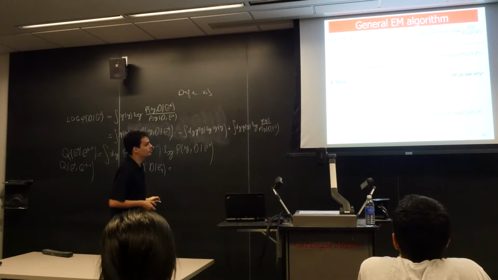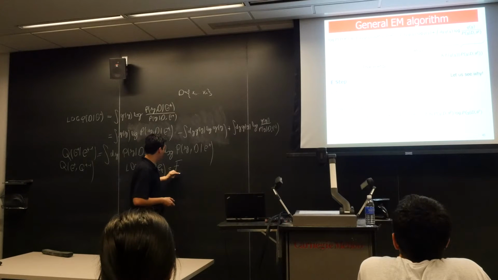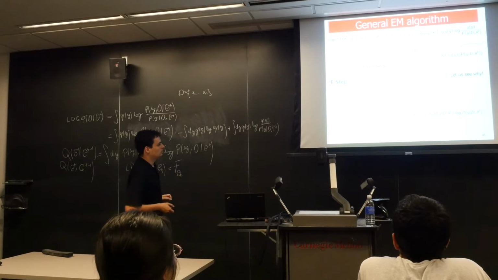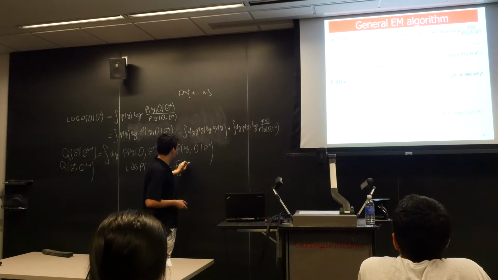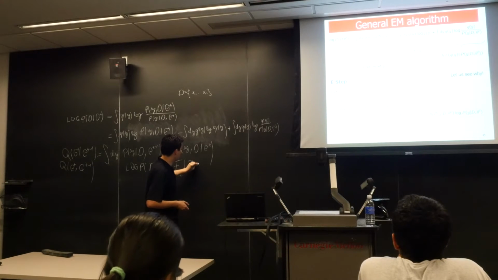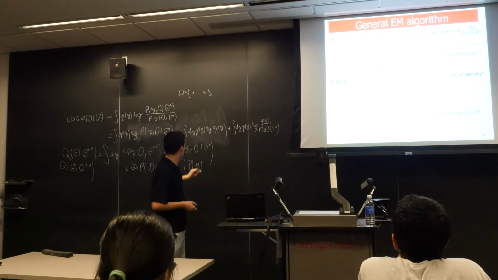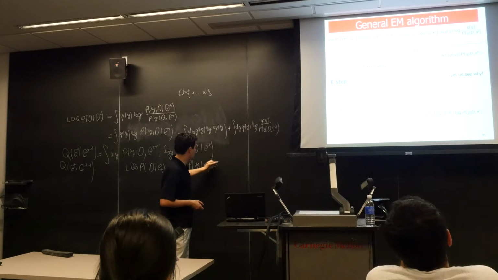So the log likelihood is just the free energy if I choose the Q function to be this posterior distribution of y given theta t.